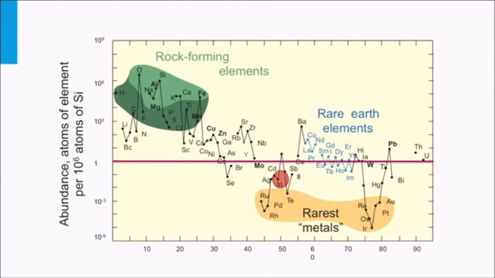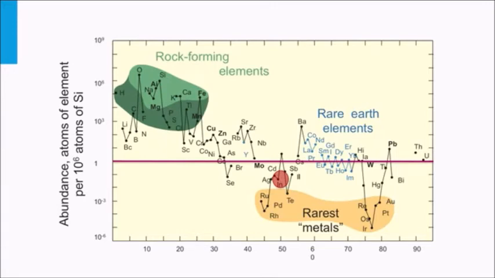Here we see an illustration that shows the abundance of the various elements in the Earth's crust. The red line is an indication for the critical abundance of a source material to be used for a large-scale production. As you can see, indium is not a very abundant element as it lies below the red line.